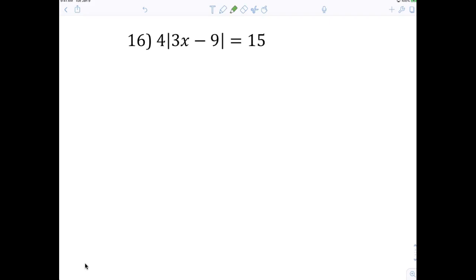So you do 3x minus 9 equals 15. Now listen, this one's a little bit trickier. I made a fraction up here. The absolute value of 3x minus 9 equals 15 over 4. So now I'm going to test if you're okay with fractions. Some of you are better than others, so please pay attention on this one. This one's the hard one. It's got fractions, so I really need you to listen.